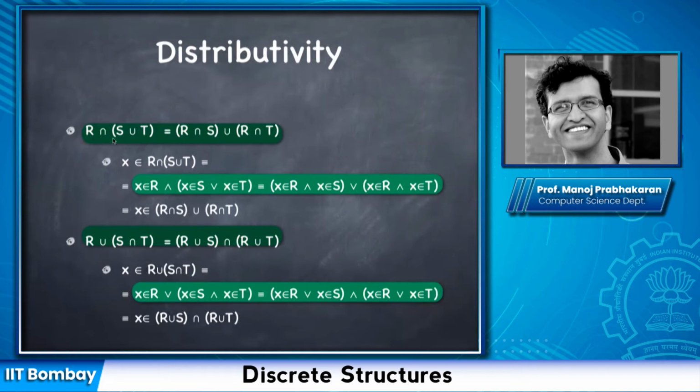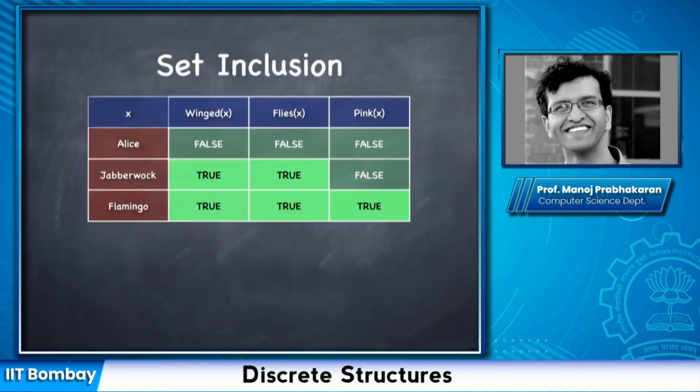So R intersect (S union T) is (R intersect S) union (R intersect T), and also union distributes over intersection. So R union (S intersection T) is the same as (R union S) intersection (R union T). And again, you can reason this using the membership predicates. Those are the familiar set operations.